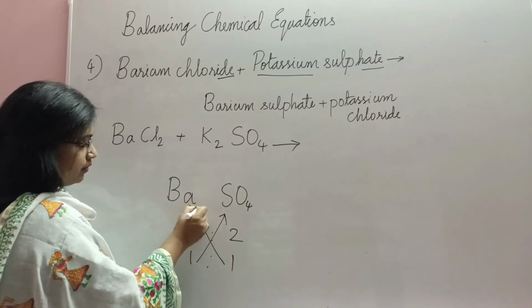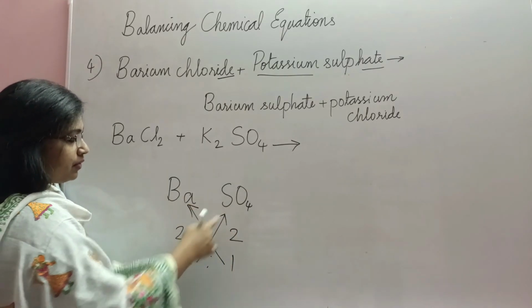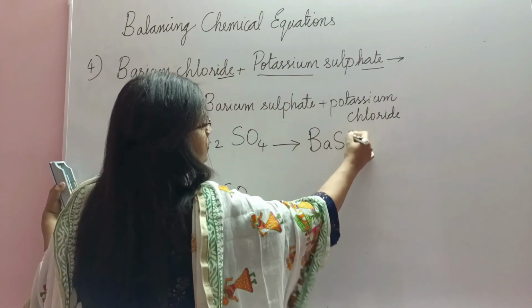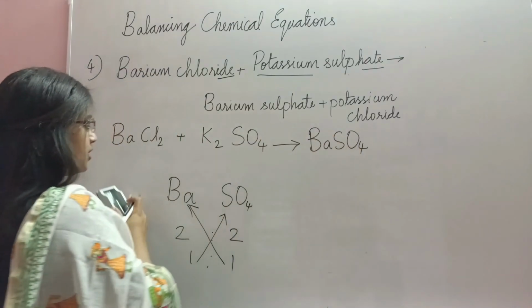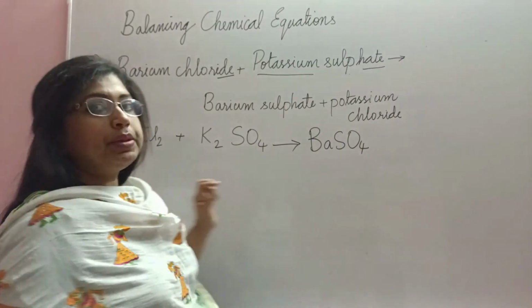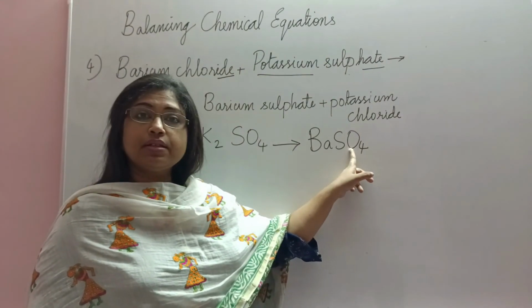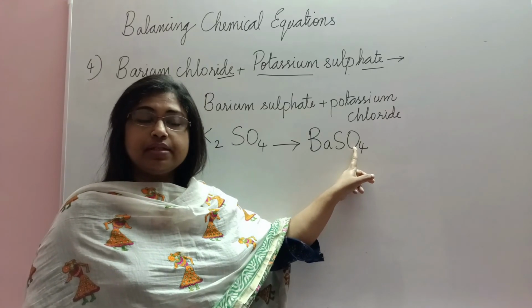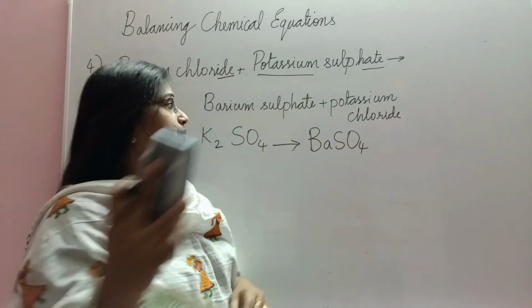So the formula will be there is only 1 barium and 1 sulfate ion. This is barium sulfate. Remember, in barium sulfate, you cannot write the oxygen in small letter. The symbol of oxygen is capital O.